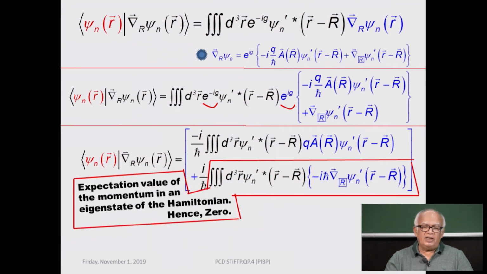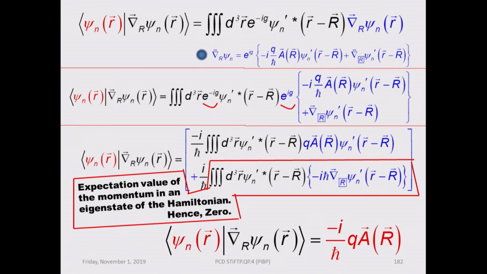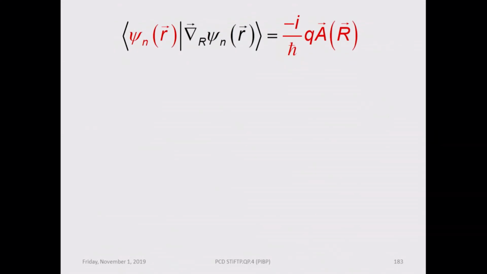So the second term vanishes and the first term exploits the normalization integral, and you get this term which we will put in the expression for the Berry phase in the integrand, and that turns out to be minus i over h cross q times the vector potential, right. And this will go into the integrand which we have used to define the geometrical phase.